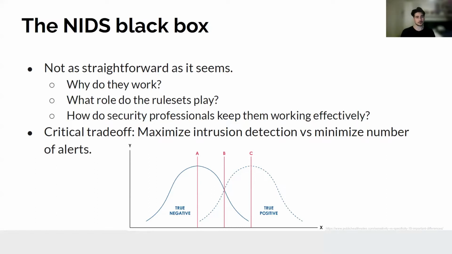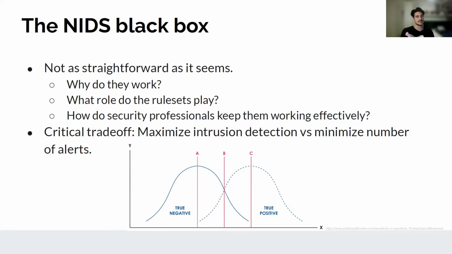We also don't know what role the different rule sets play within this process. So how many different rule sets do you need? How many different rules do you need? How does the quantity or the quality of these rules affect the overall security of the organizations that these systems are protecting? And finally, how do these security professionals within a security operations center, or SOC, keep these systems working effectively year after year?